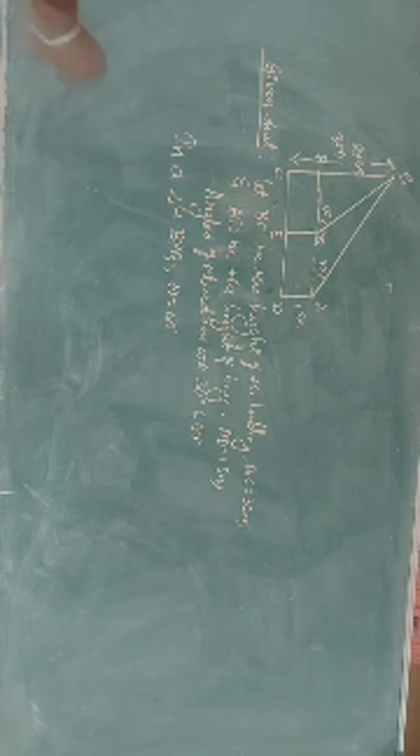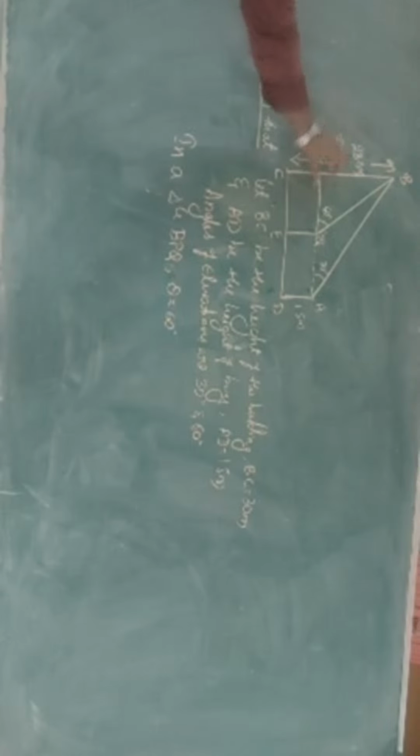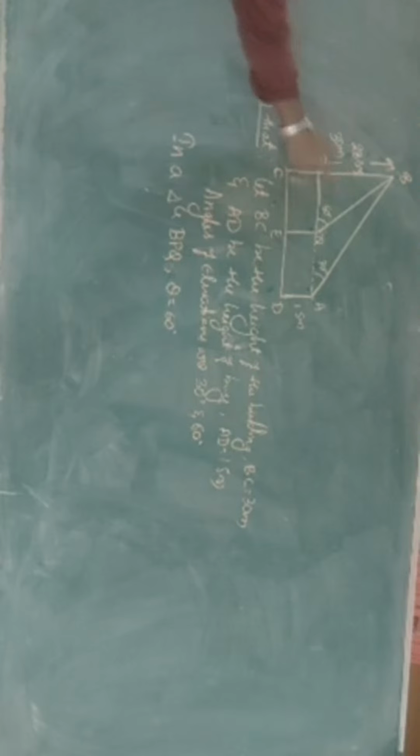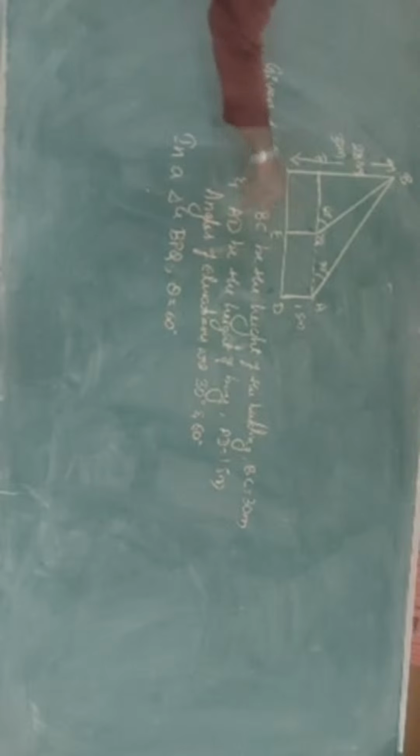Okay. So you can consider triangle BPQ. In triangle BPQ, theta is equal to 60 degree, the angle of elevation. So tan 60 degree, yes, tan, because opposite is given here, and we need to take the base, that is PQ, which we can calculate.